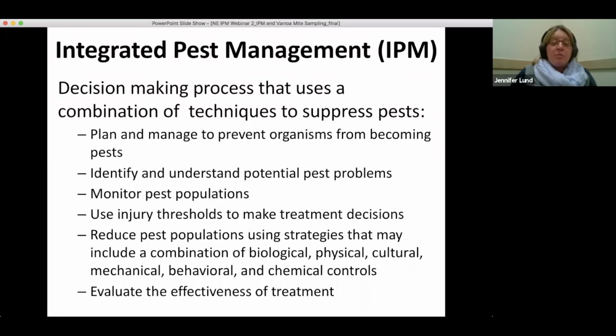And then monitoring pest populations, and that means really getting into your hives and looking to see what you have going on in there, as well as monitoring for mites, and that's a really important thing that you can do. Once you get in there and see what's going on, use injury thresholds to make treatment decisions. That means using numbers to make decisions.